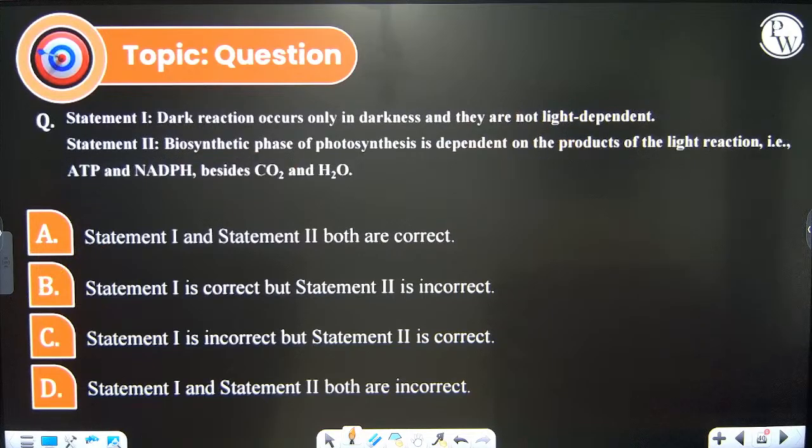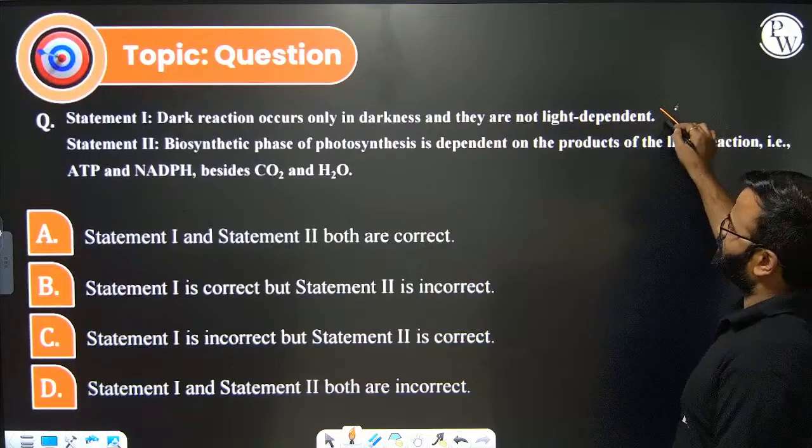Let's see the last question, which says dark reaction occurs only in darkness and they are not light dependent. What absolute rubbish. Okay, which is absolutely incorrect, right?